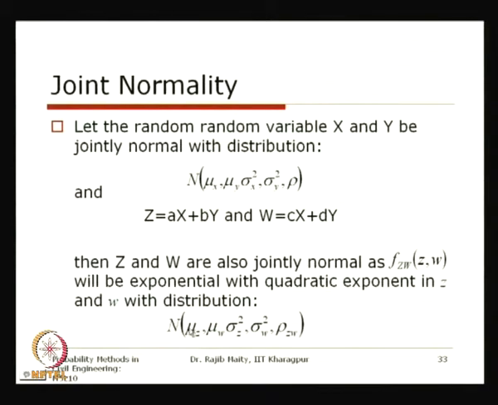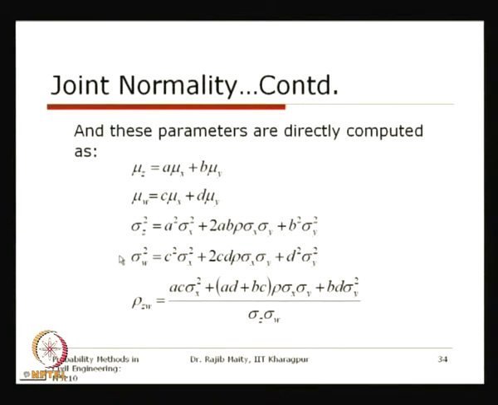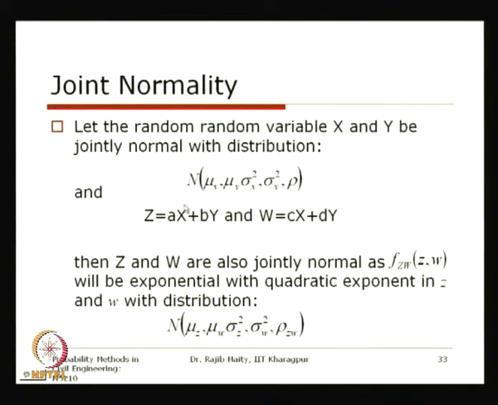To find mu_Z and mu_W, if we solve this, we can say that mu_Z equals a mu_X plus b mu_Y.